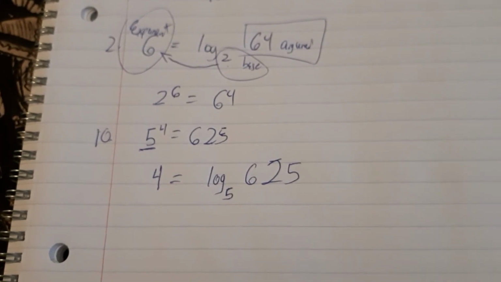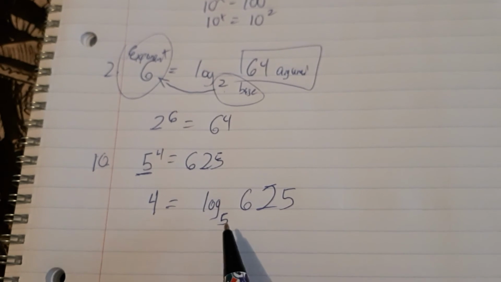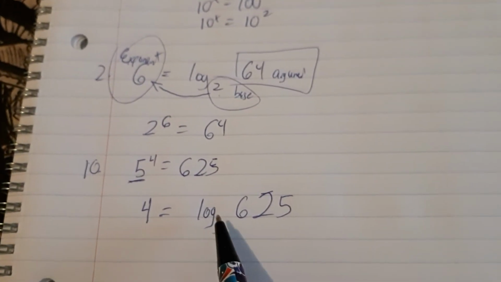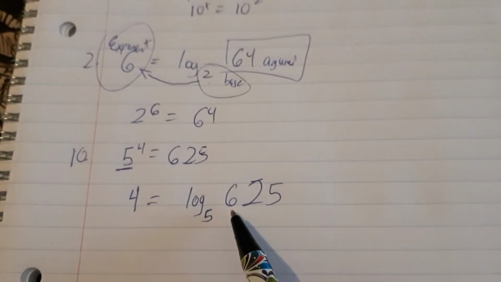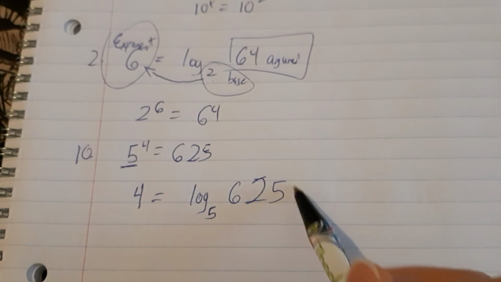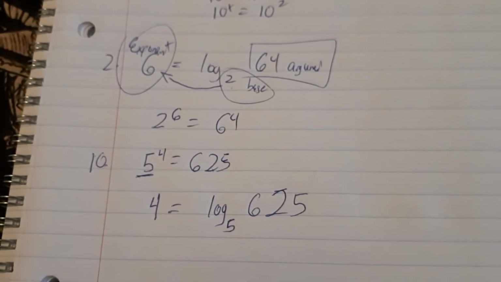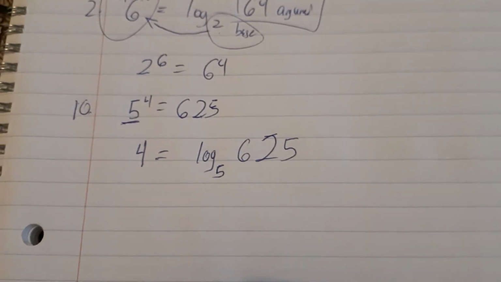And that's it. Basically, when we're trying to find the logarithm, it's asking us, what number do we have to assign as an exponent in order to reach 625? In this case, it would be 4. Okay, this is just to get you used to the idea of what logarithms are actually about.